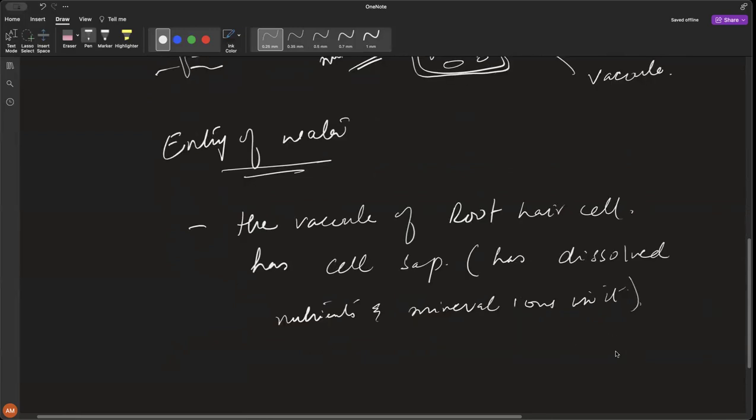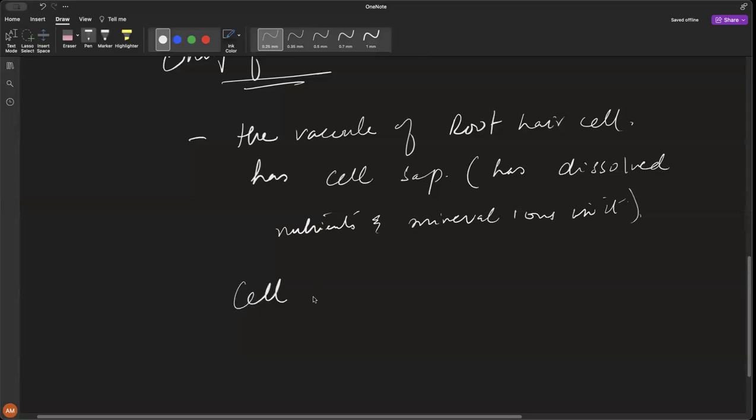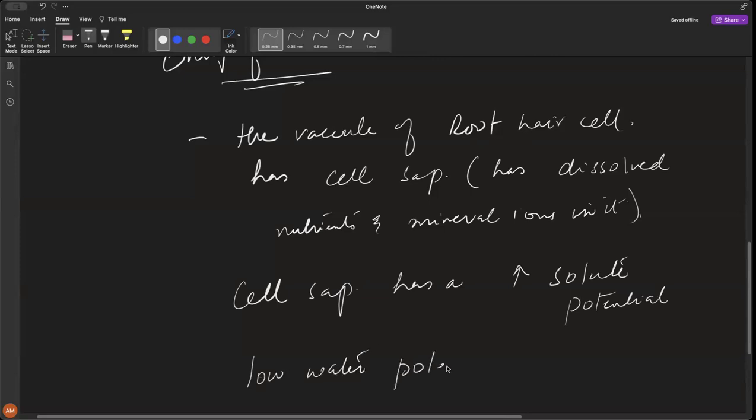So this cell sap has a high solute potential, or in other words, you can say it has low water potential. Why? Due to the presence of solute, a lot of solute is there.